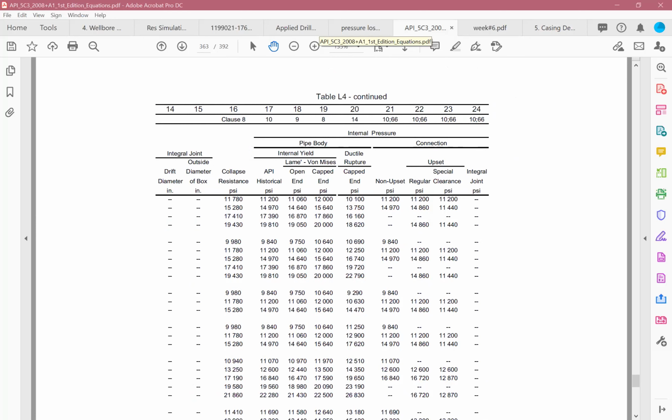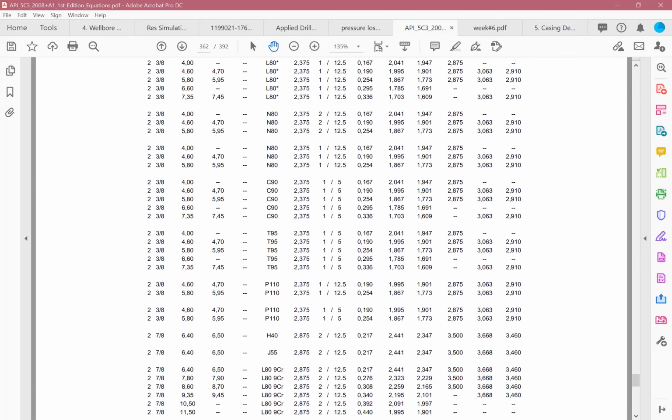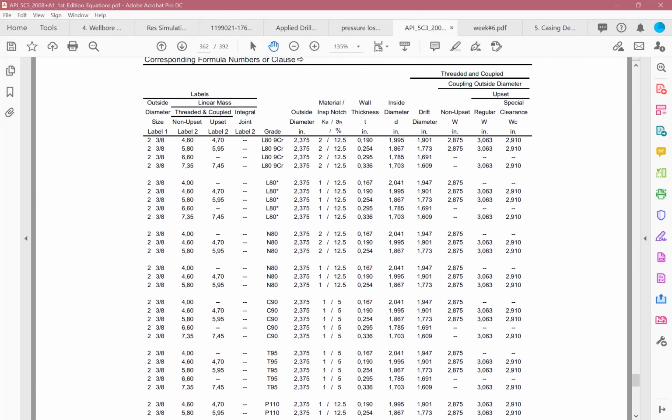So you see, for example, for collapse, you have a separate number for each casing, right? Each grade, you might have, let's say, three N80 casings, but all of those N80 casings have different properties. Some of them have higher collapse resistance because their thicknesses are different, you see, right? And they might have different values of tension strength. They might have different values of burst resistance.